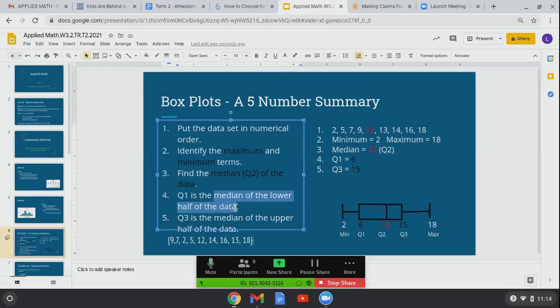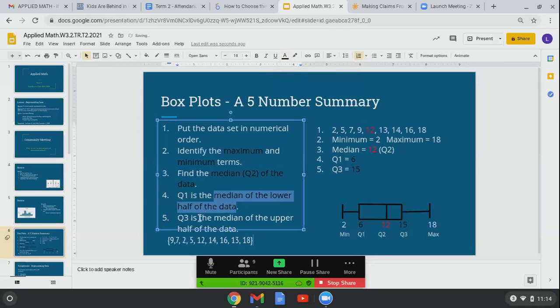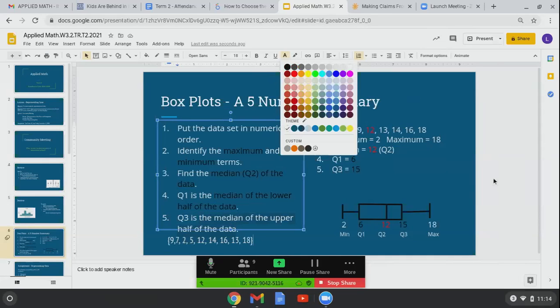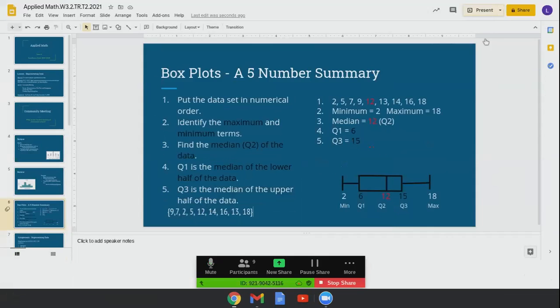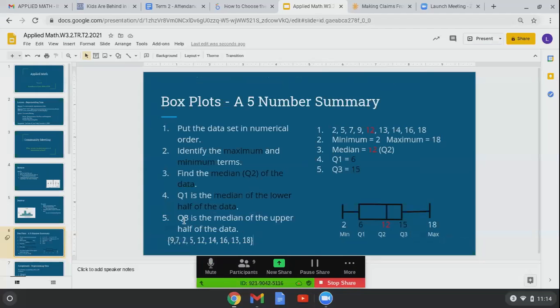The median of the lower half of the data, that's 4. And the median of the upper portion of the data. So again, a box plot is a 5-number summary. So maximum, minimum, the median of the data set, the median of the lower half. I don't know why this one didn't change.